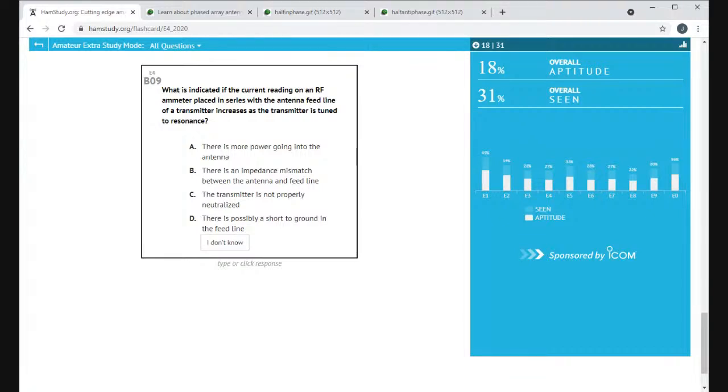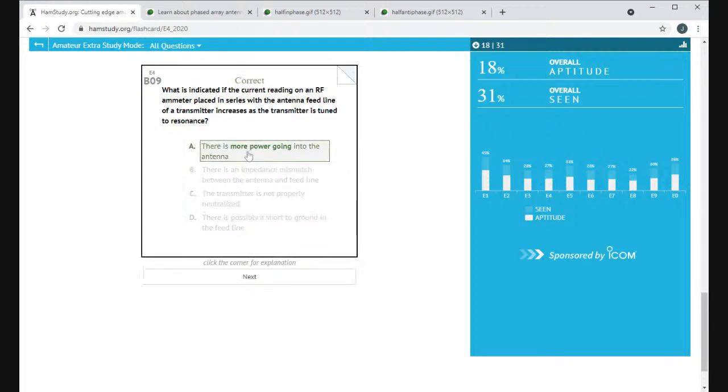D. There is possibly a short to ground in the feed line. I'm going to guess A. There's more power. If the ammeter increases, then that means there's more power going to the antenna.